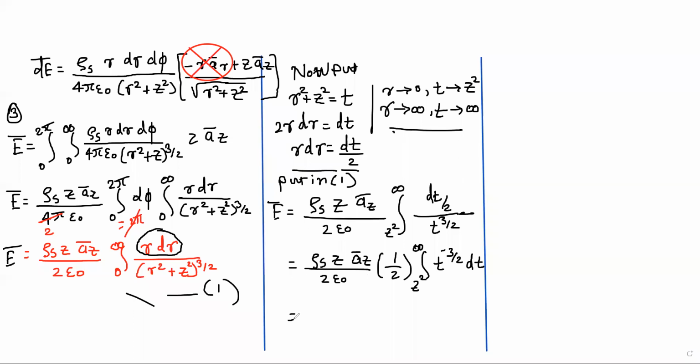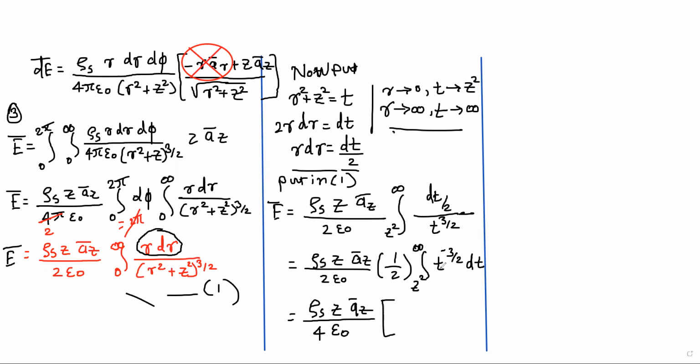Now what is remaining: rho s, this is rho s as it is, z as it is, a bar z, divided by, now see, this 2 multiplied by 2 gives 4 epsilon naught. Here you have to watch carefully.